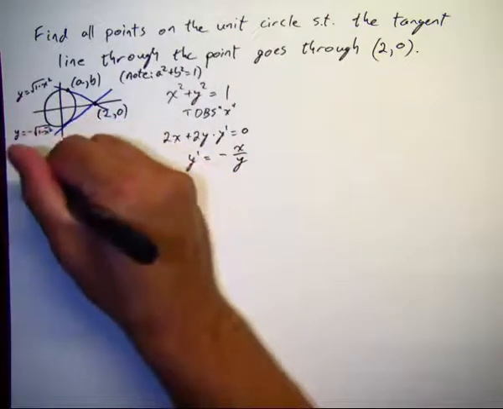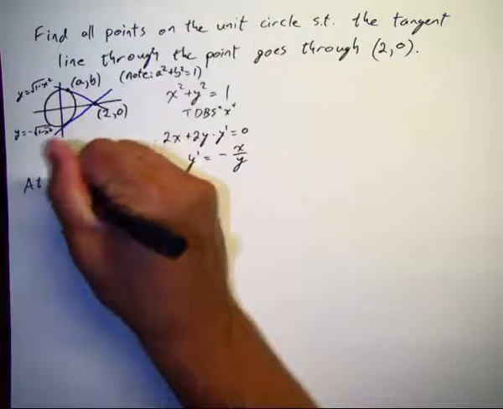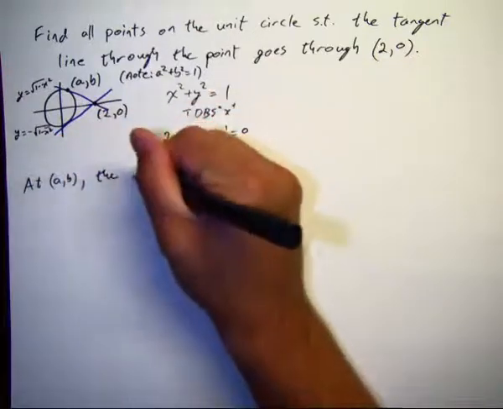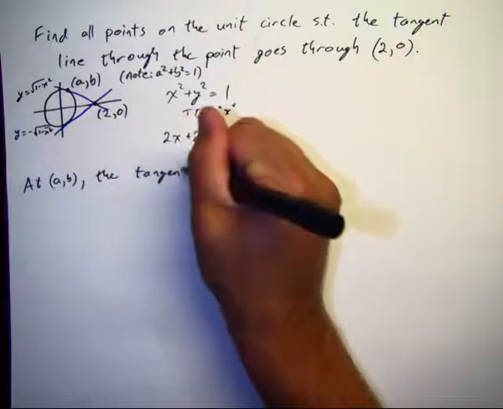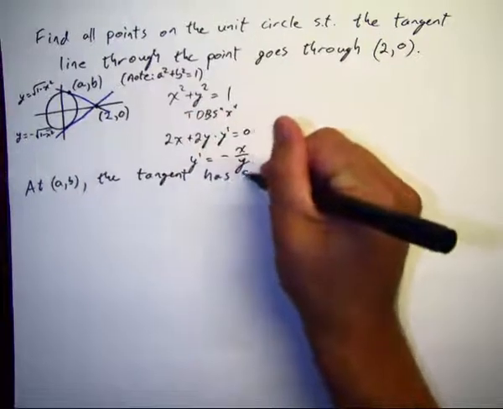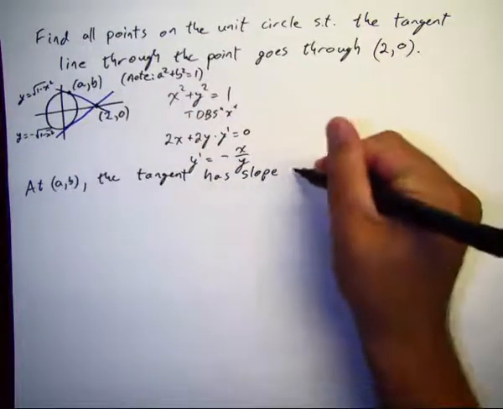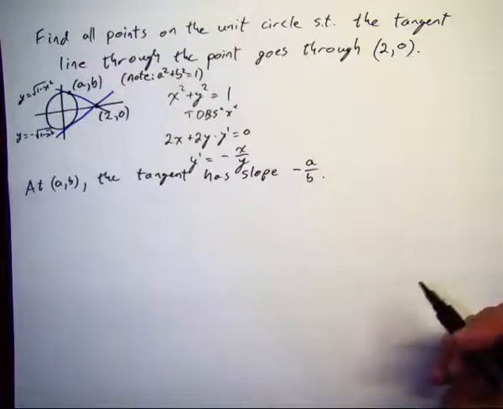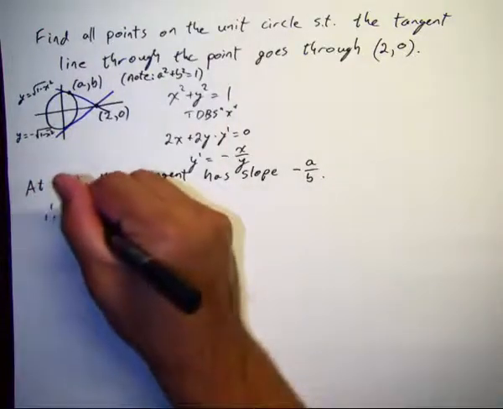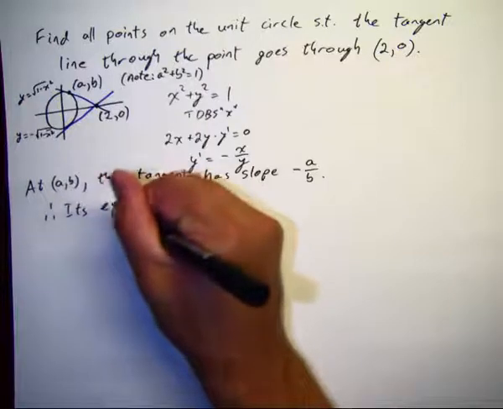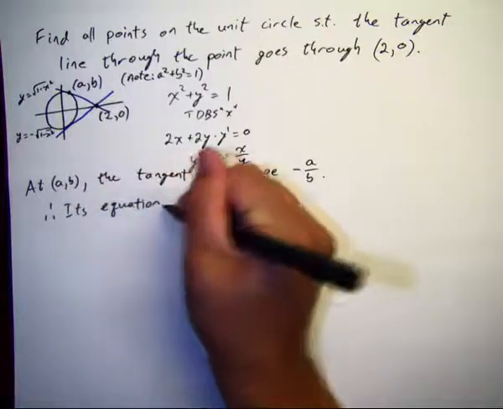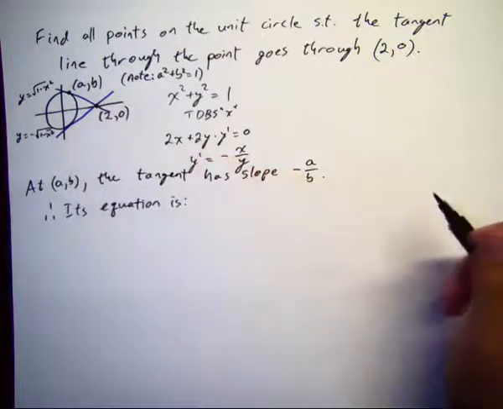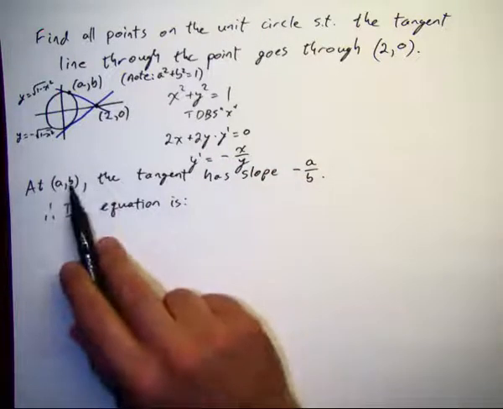And so at (a, b), the tangent has slope negative a over b, just reading directly from above. Therefore, its equation is, and now we see the reason why we went with a, b rather than x, y.